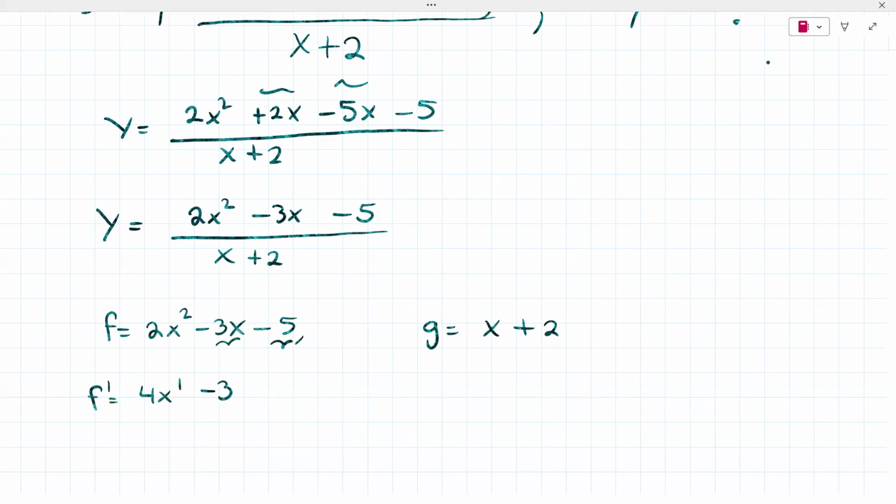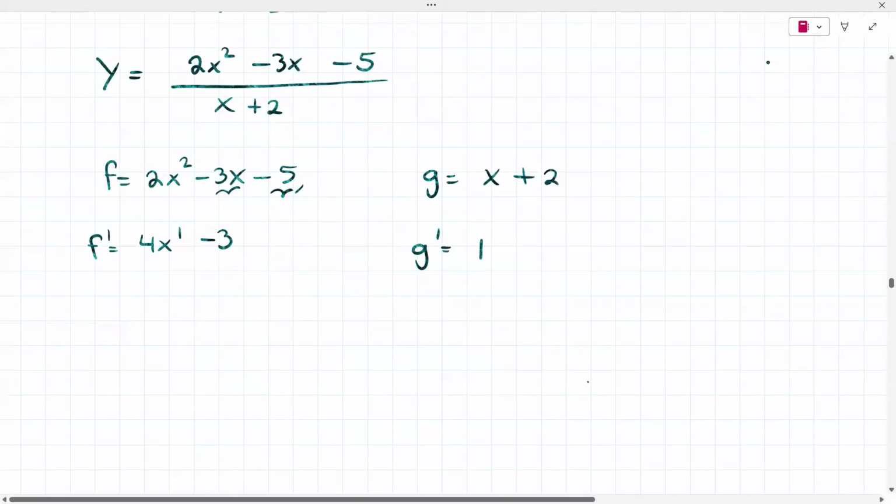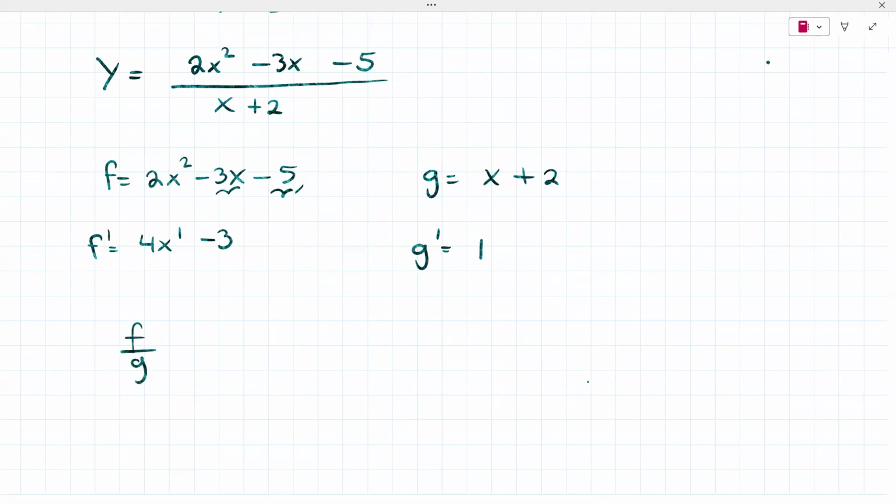The derivative of negative 5 is 0. And what is g prime? The derivative of x is 1. The derivative of 2 is 0. So if you recall, the quotient rule is f over g prime, which is f prime times g minus g prime times f, all over g squared.